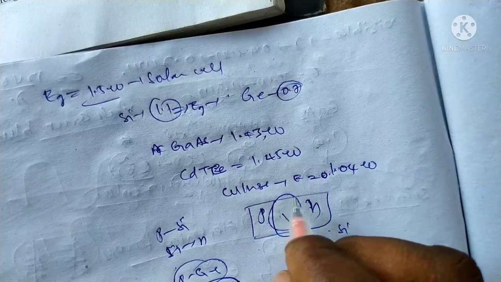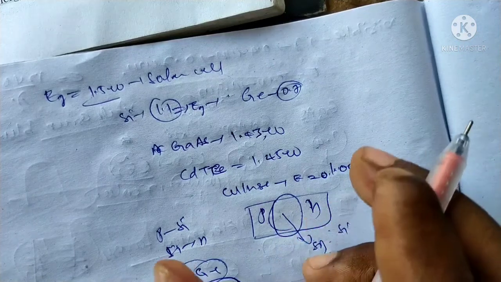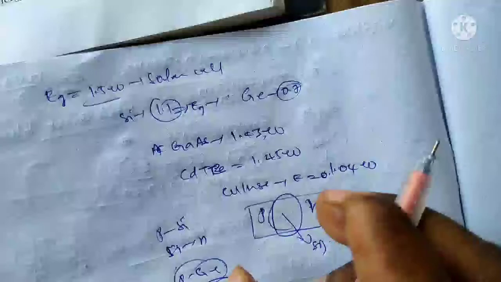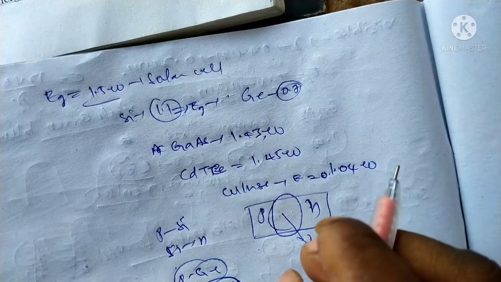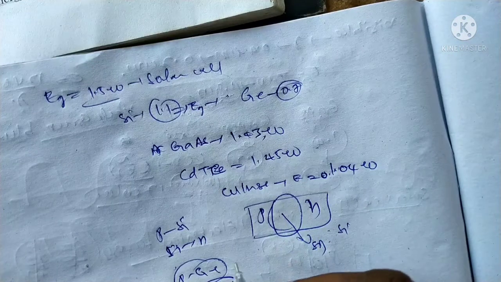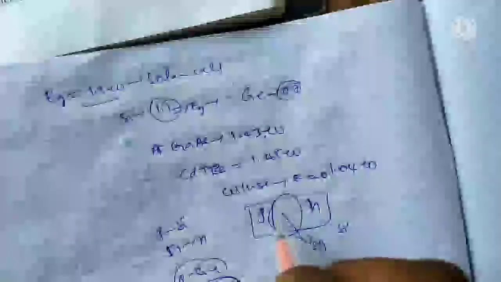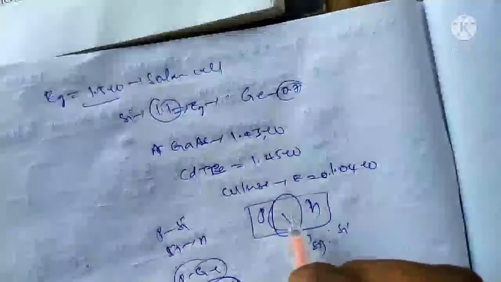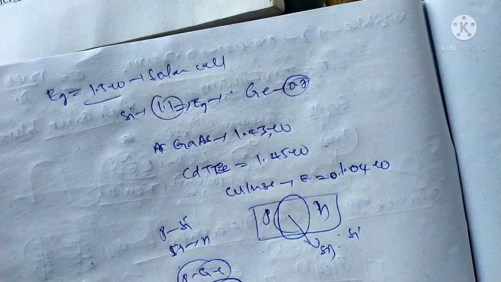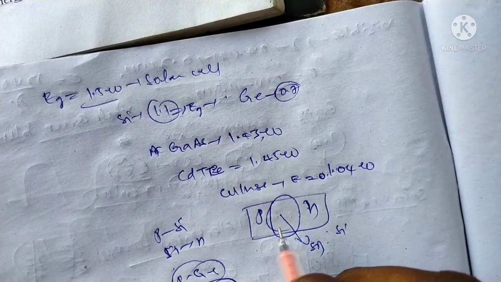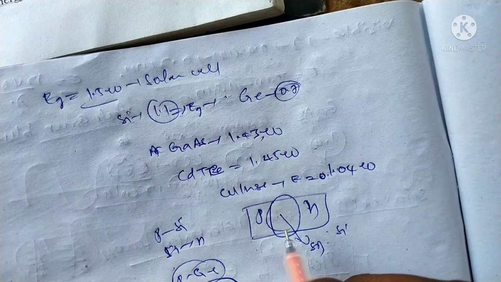When light falls on the depletion layer, it absorbs the light energy, photon energy, and creates electron-hole pair generation. These are semiconductor materials. Only semiconductor materials exhibit this, where light energy is converted to electrical energy.